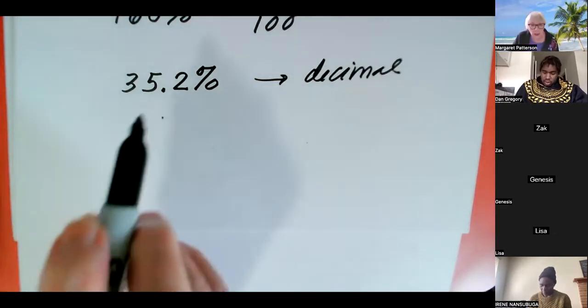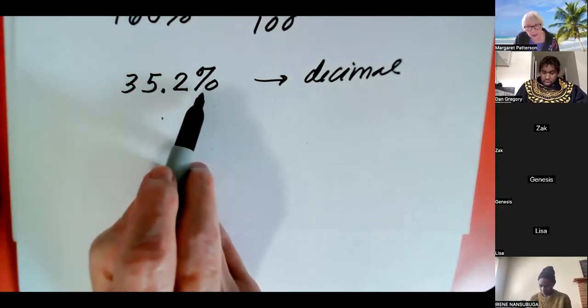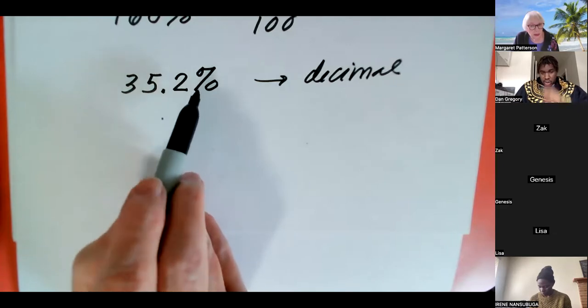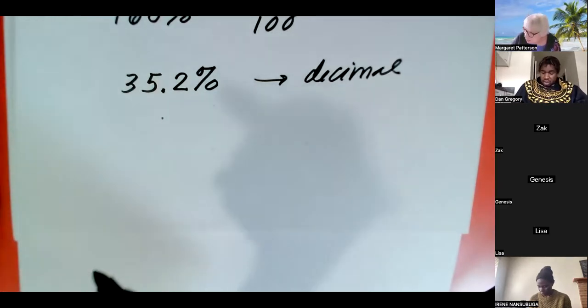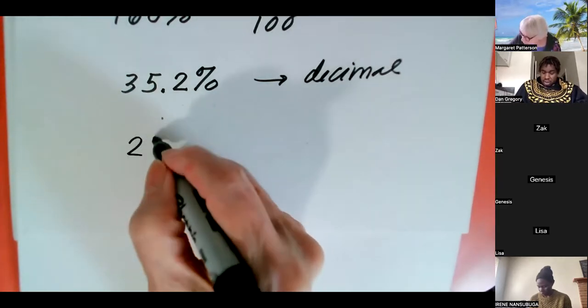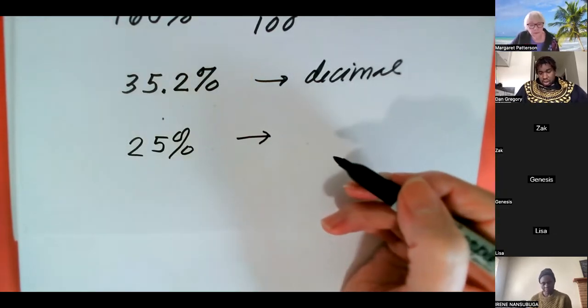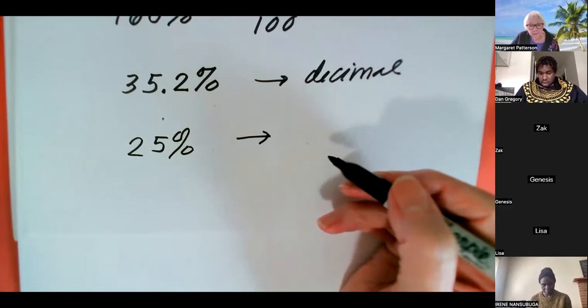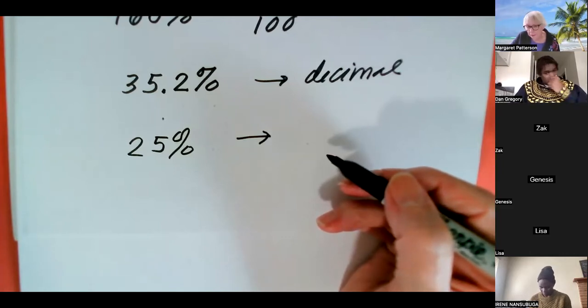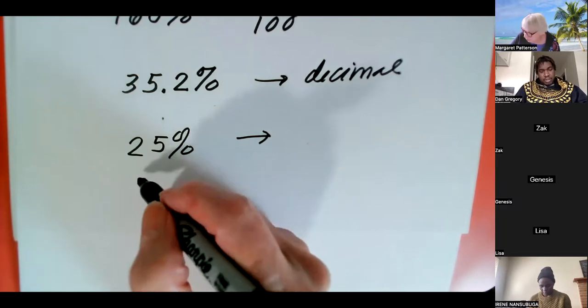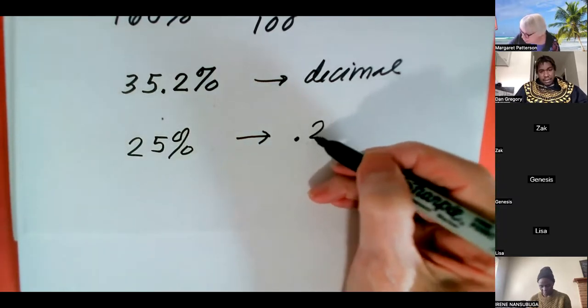I'm going to organize this for you in a minute, but let's do an easier one first. 25% into a decimal. Anybody know? 0.25. Correct.